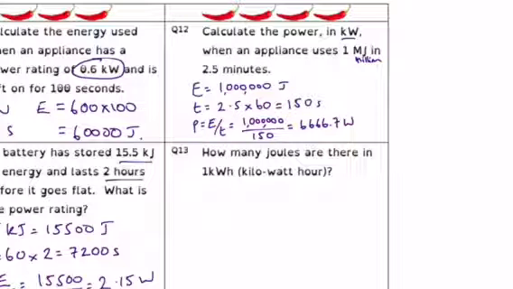Now we want that to be given as kilowatts, so we need to divide that through by 1,000. So we could say 6.7 kilowatts.